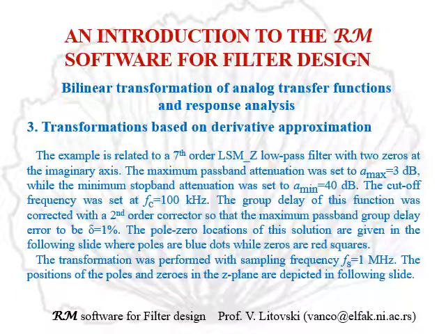The pole zero locations of this solution are given in the following slide, where poles are blue dots while zeros are red squares. The transformation was performed with sampling frequency of 1 MHz, that is, it is oversampled. The positions of the poles and zeros in the Z-plane are depicted also on the following slide.